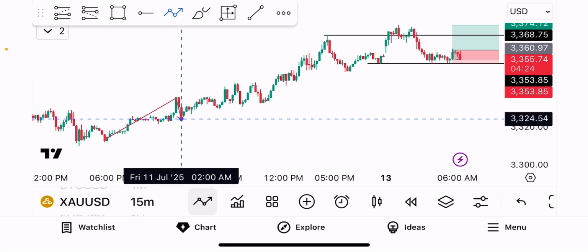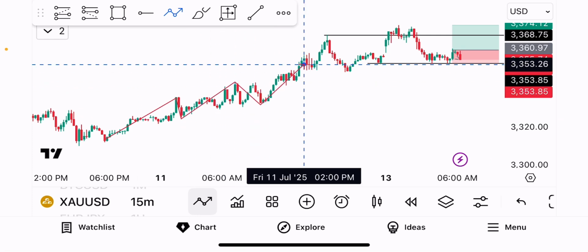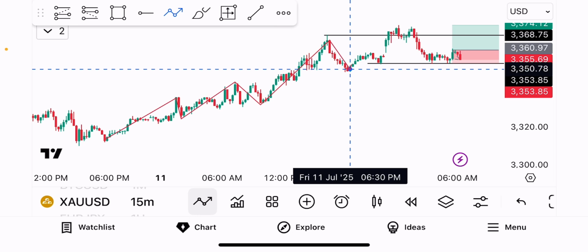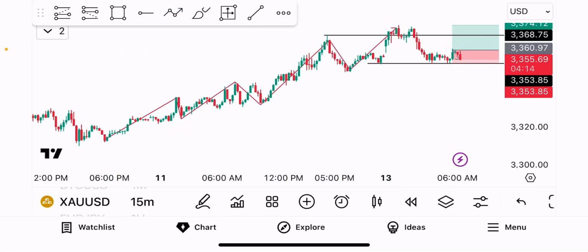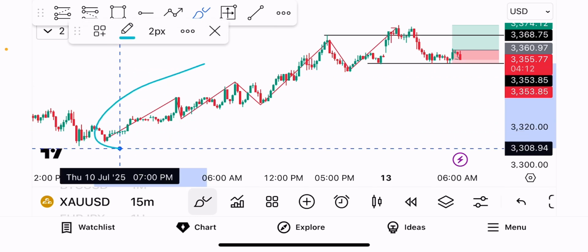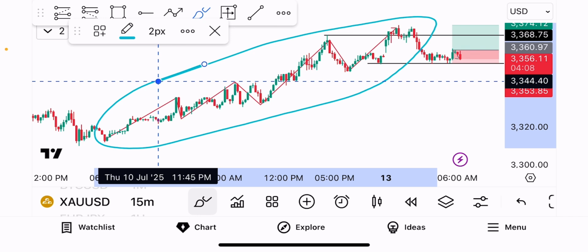Higher highs and higher lows. We can see higher high, higher low, higher high, higher low, in that format. So seeing this market movement already shows me that yes, we are trending bullish.